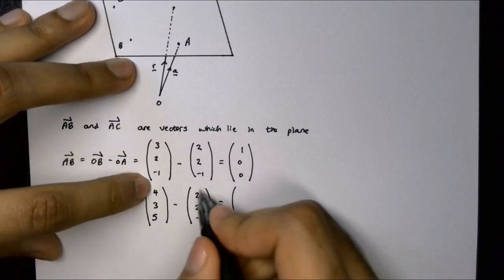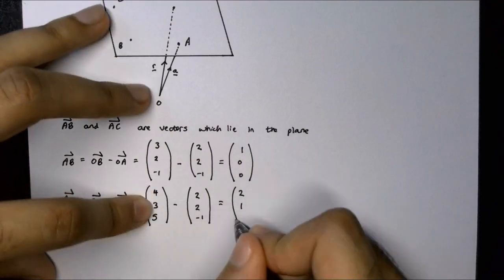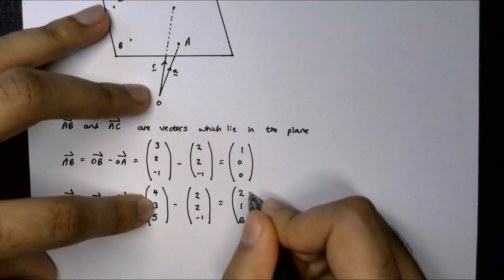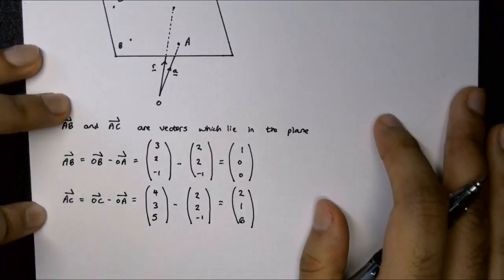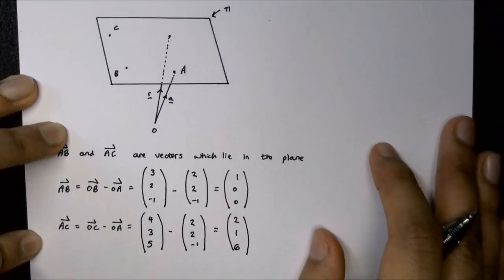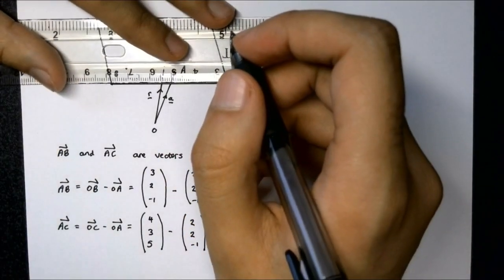So if we work this out, 4 minus 2, that's 2, 3 minus 2, that's 1, 5 minus minus 1, that's 6. Okay, so now we have direction vectors. Let's just show these direction vectors on our diagram.